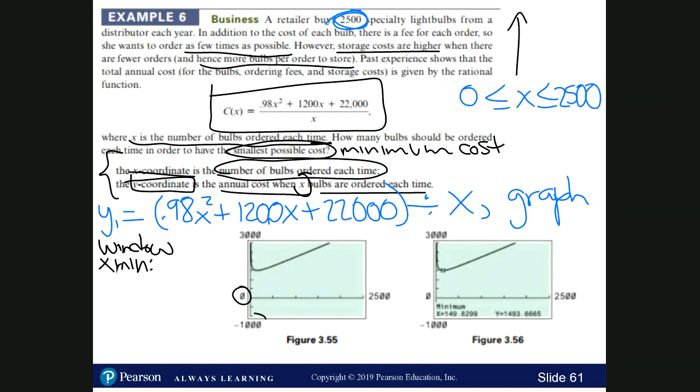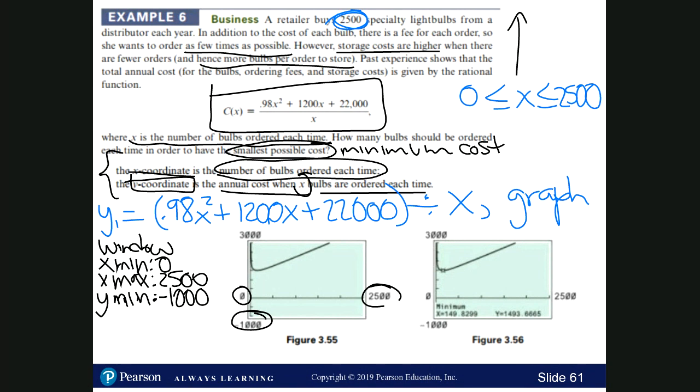Then your x maximum that you want to see on your screen will be 2,500, because remember, that is the maximum number of light bulbs that they could order. Now for your y minimum, we're going to select negative 1,000 just to match the screen here.